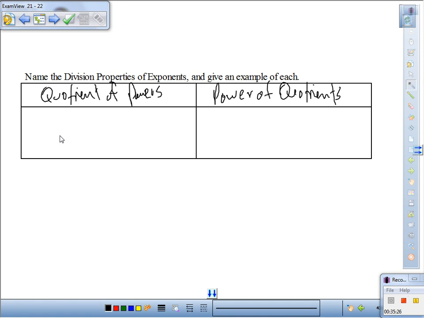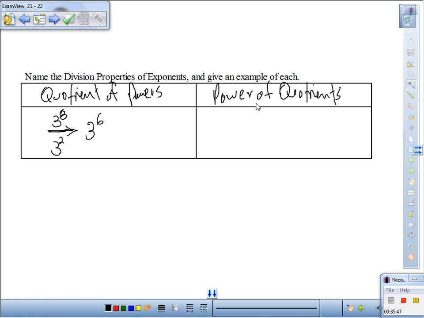What does quotient mean? Division, doesn't it? So here we go. I'm going to make a fraction here. 3 to the 8th over 3 to the 2nd. Are we dividing powers? Yes. Are these the same base? Yes. What happens to the exponents? Subtract. So this is 3 to the 6th.